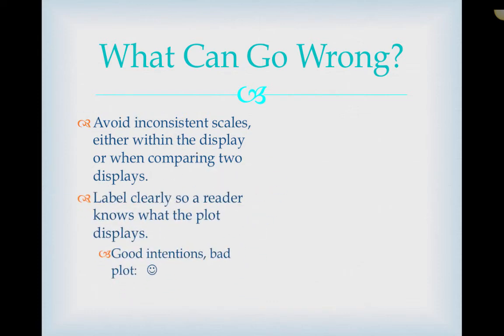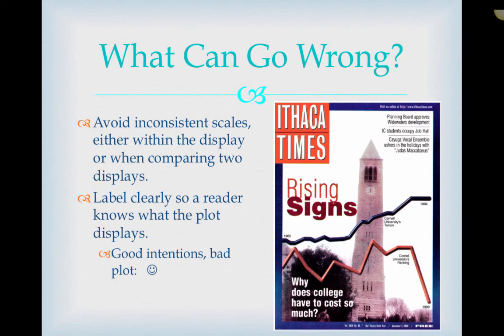The other thing is that you want to make sure everything is labeled clearly so that the reader knows what the plot is displaying. An example of good intentions but a very bad plot was shown on the cover of the Ithaca Times when they were showing concern for the rise in college tuition. They're using Cornell University in this situation, and this is an example of a time plot.